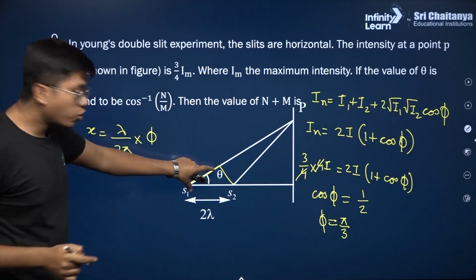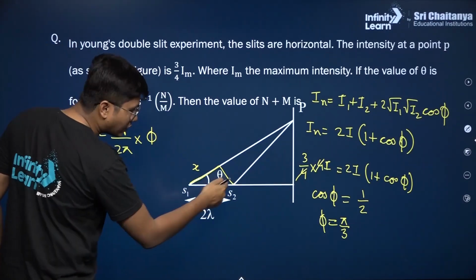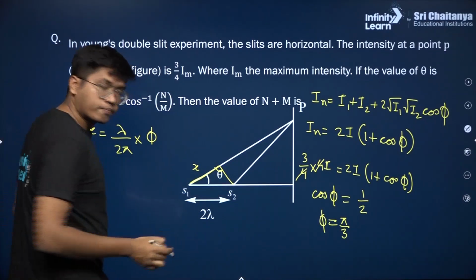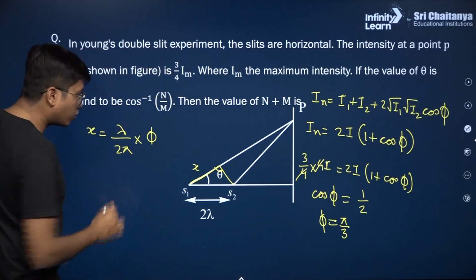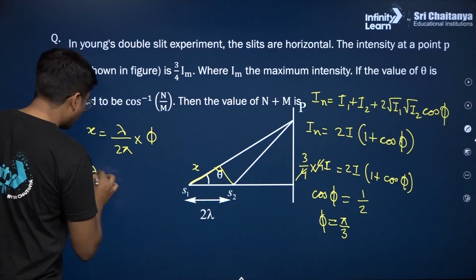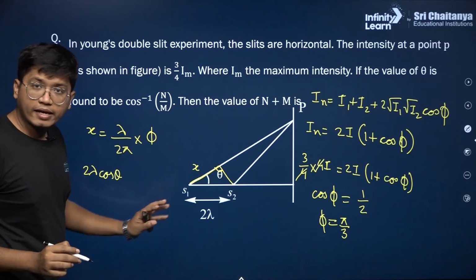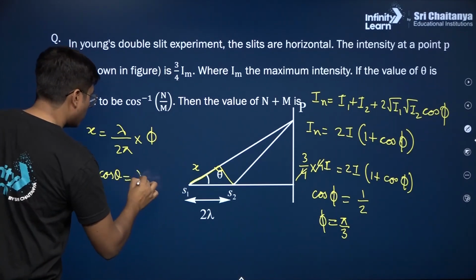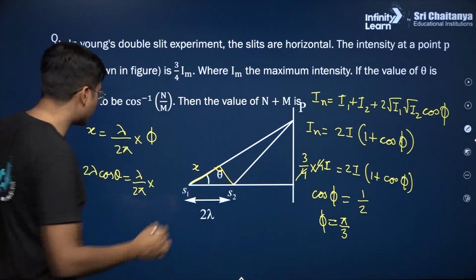So x, if you look at this right angle triangle, if this length is 2 lambda, that is the hypotenuse because this is 90 degree, then x is equal to 2 lambda cos theta. That is x, and equal to lambda by 2 pi into your phi value we got, pi by 3.